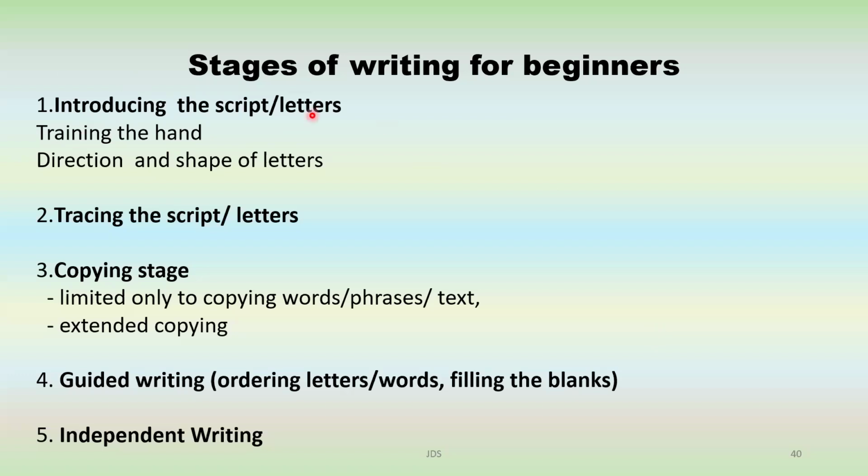Then zigzag. Now, when it comes to writing W, you have the zigzag movement involved. R or T, you have the vertical line and the horizontal line involved. Therefore, the shapes.